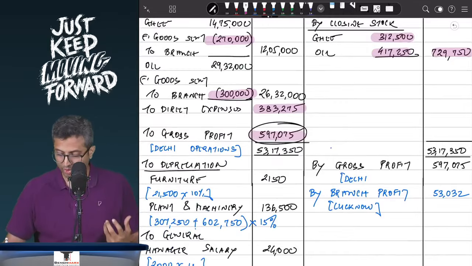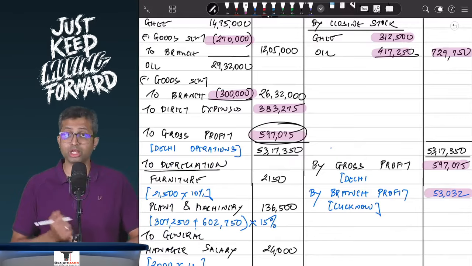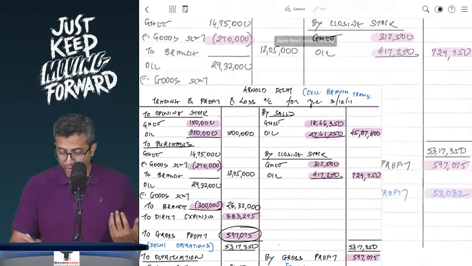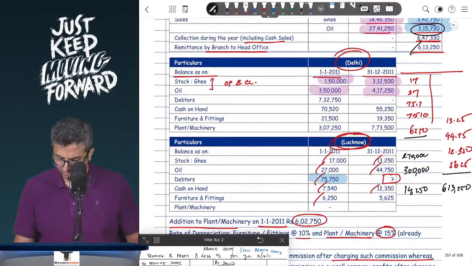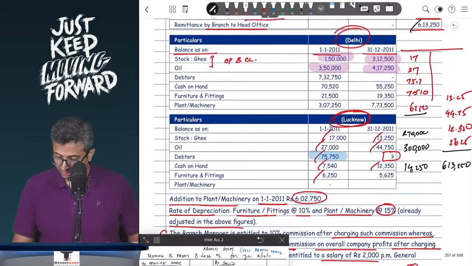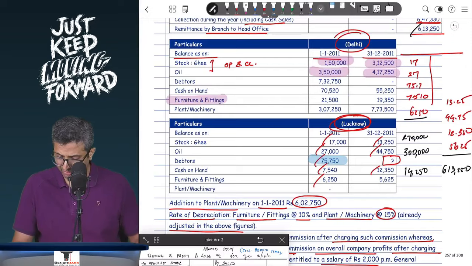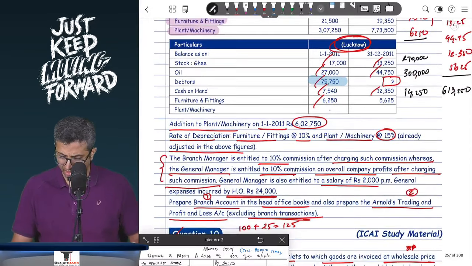But when you calculate the overall general profit, in that even the branch profit will be included, and then there are other expenses which may be included over here and which may be incurred, like depreciation. There would be certain depreciation on the furniture and on the plant. The rate of depreciation, because you're preparing the trading and P&L account, is 10% as well as 15%.